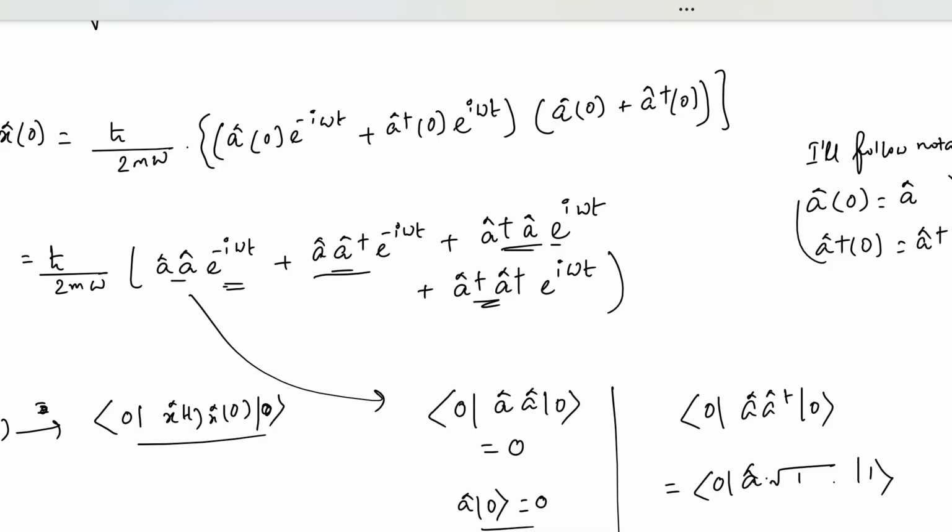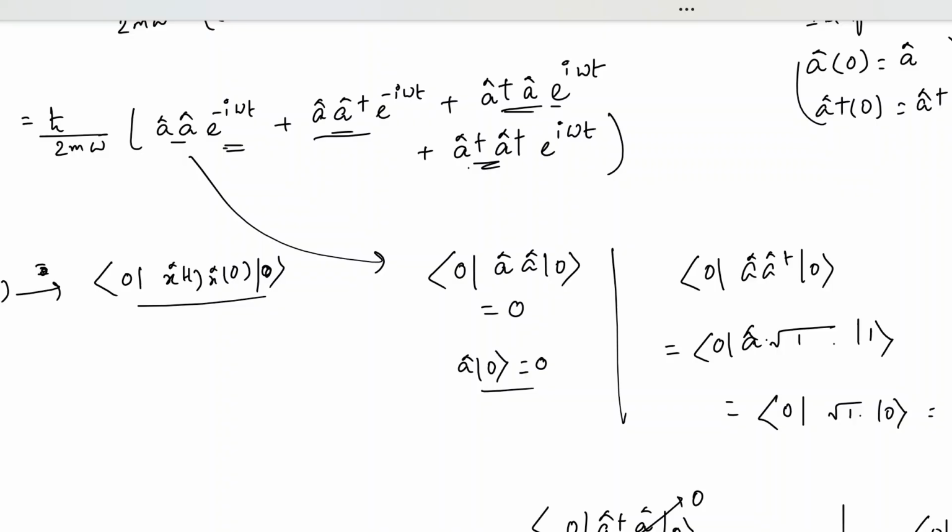What about the third term? This is 0 a cap dagger a cap 0. Here a cap on 0 is again 0, so this term only gives you 0. Now the last term, 0 a cap dagger a cap dagger 0. Once the creation operator operates on 0, it gives root of 0 plus 1, which is 1, and the state 1. The 1 is a constant, so it is absorbed.